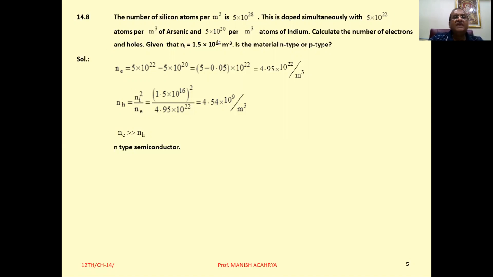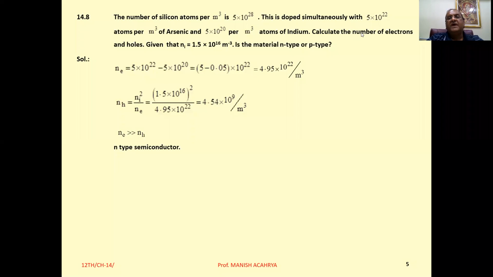Now see number density of electrons. So here when arsenic is doped, so 5 into 10 raised to 22 arsenic atoms are doped, it implies that 5 into 10 raised to 22 free electrons are available per meter cube. But when 5 into 10 raised to 20 atoms of indium are doped, each indium will give you one hole.